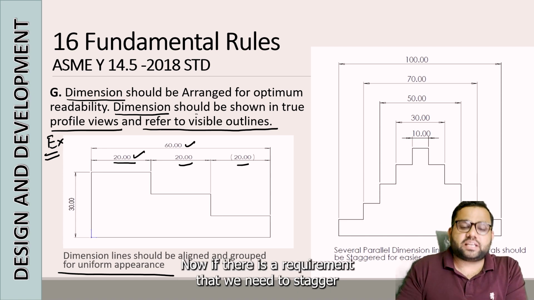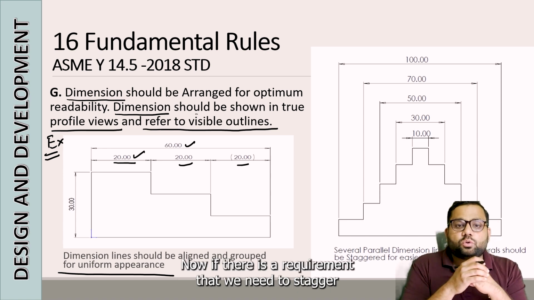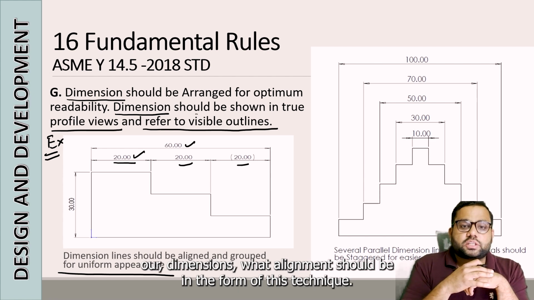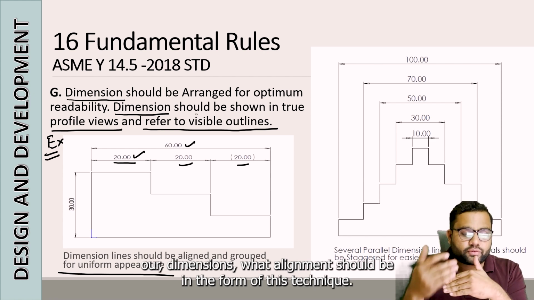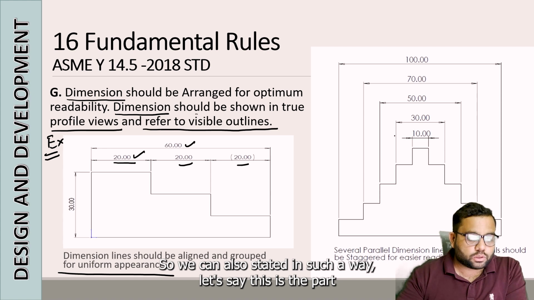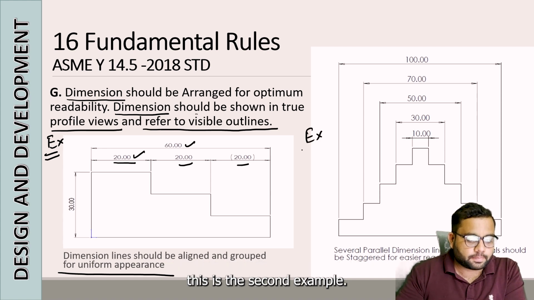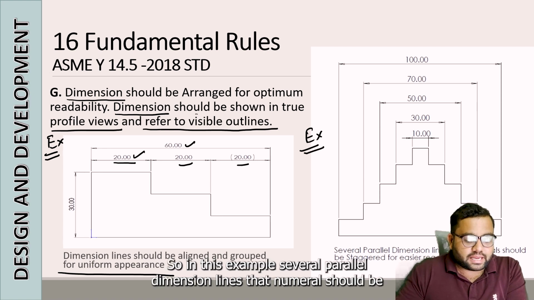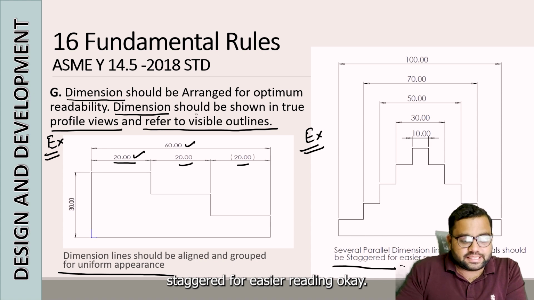Now, if there is a requirement that we need to stagger our dimensions, we can also stagger them in such a way. Let's say this is the second example. In this example, for several parallel dimension lines, the numerals should be staggered for easier reading.